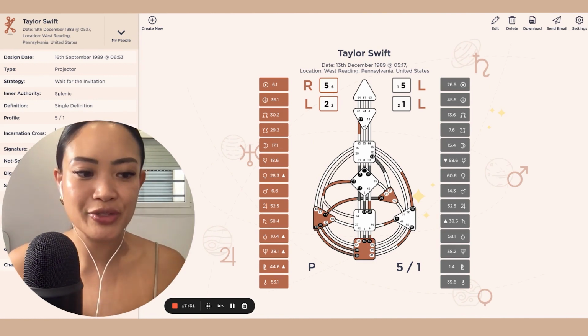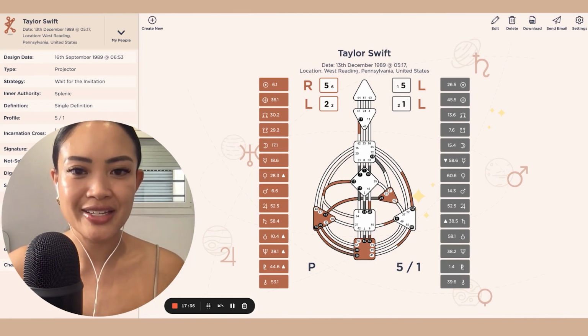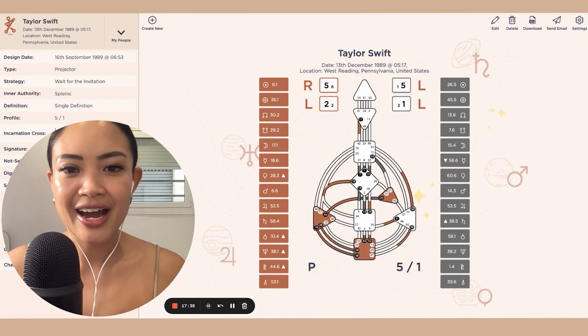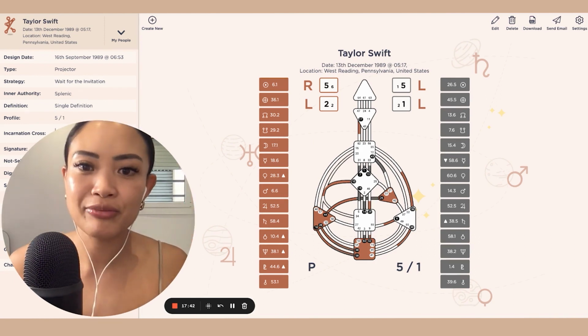Because in the country music industry, I think something similar happened to the Dixie Chicks, where they said something about George Bush, and they were basically canceled and got a lot of negative publicity.